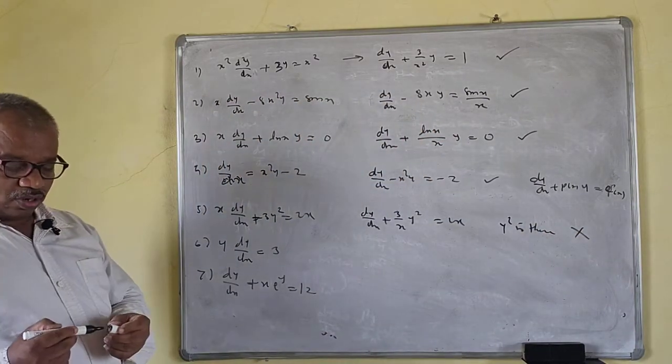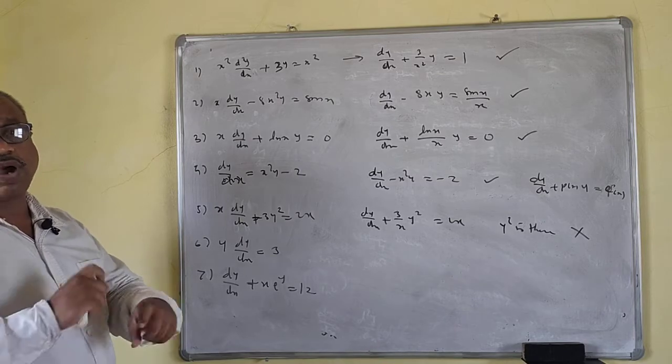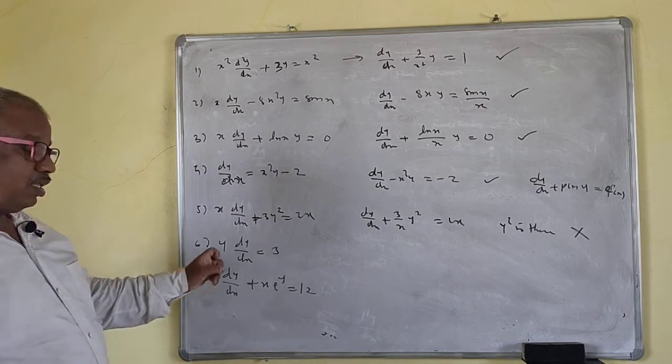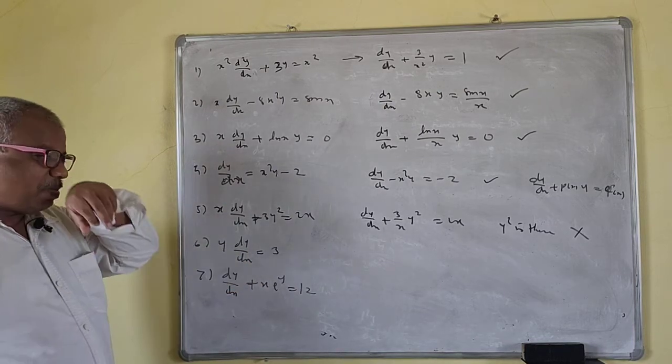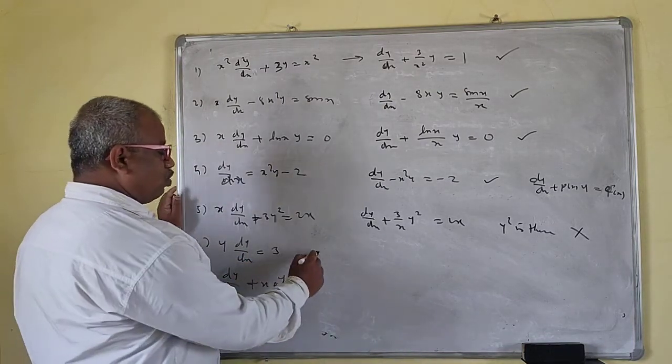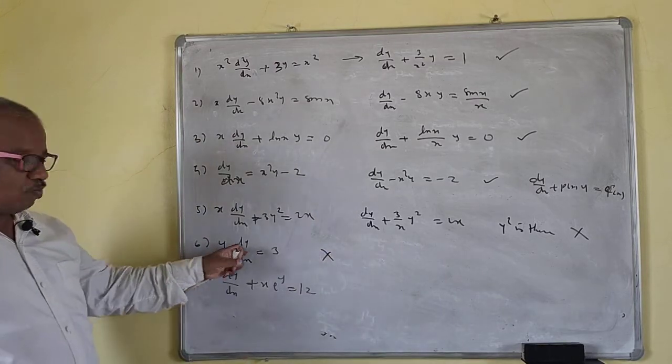You don't want the power of y here, and there is no product of y and dy by dx also. If there is a product of y and dy by dx, it will not be linear.